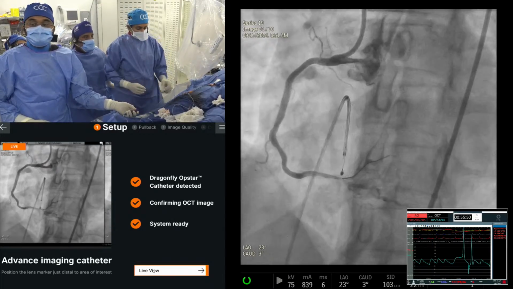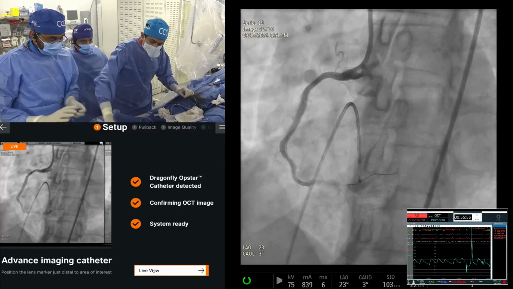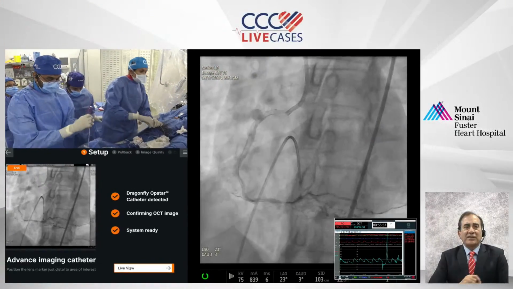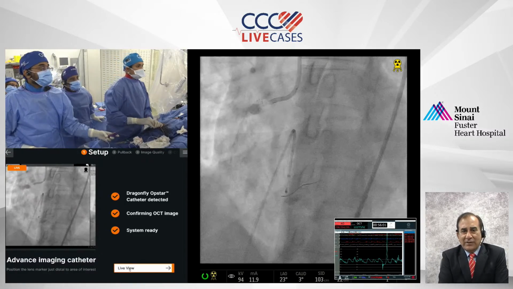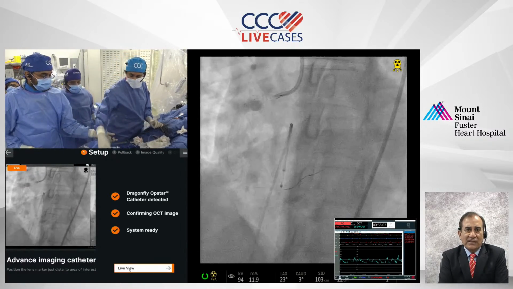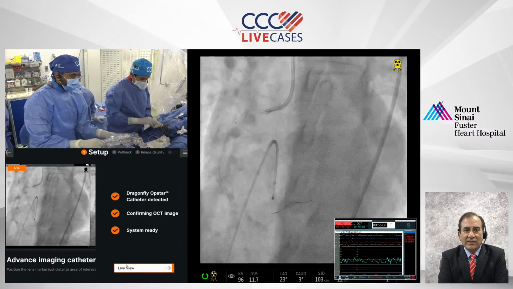I think it's a good observation because that lesion does look more narrowed now. I agree. I think part of it may have been some embolization, or slightly because of the wire, but it does need an epicardial view with nitroglycerin.